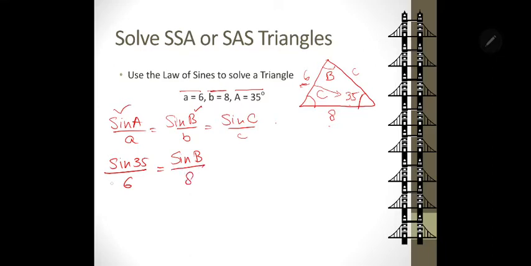So we need to do the cross multiplication once again, and that would be 8 times sine of 35 divided by 6 equals sine B. And if I solve this, 8 times sine of 35 divided by 6 will give me 0.76.